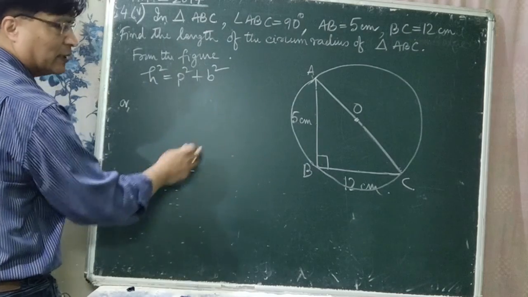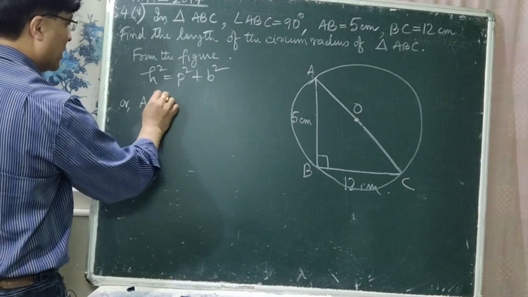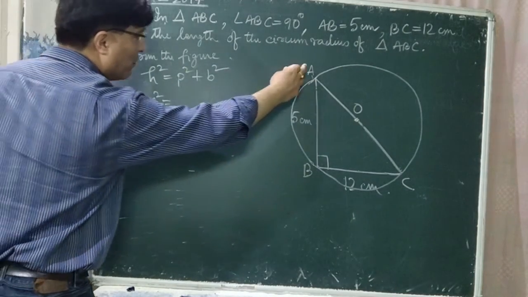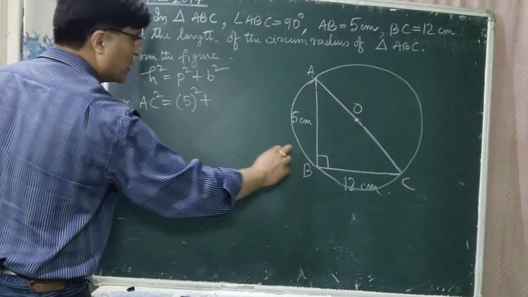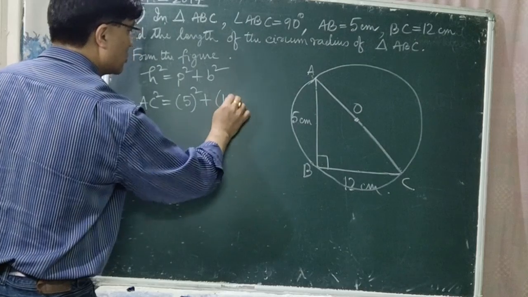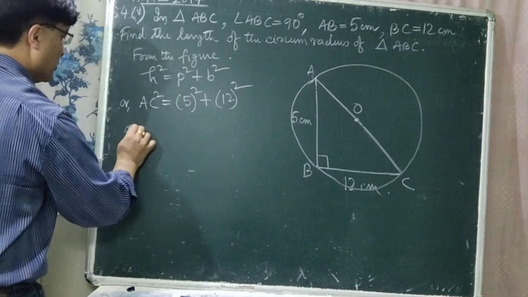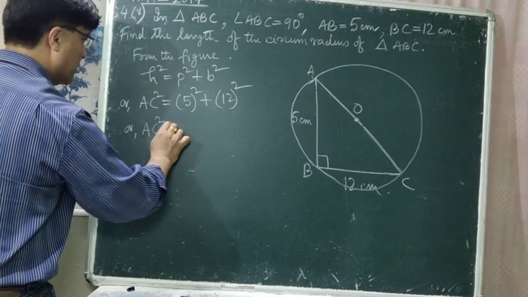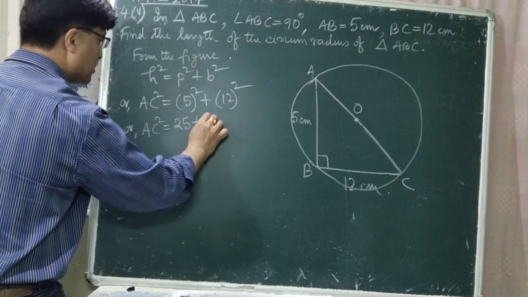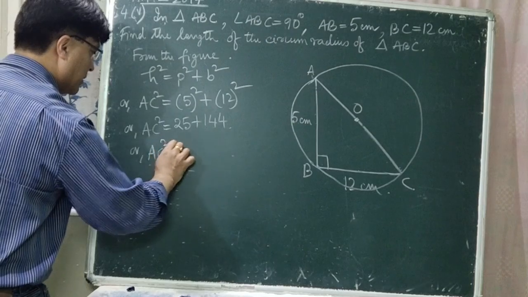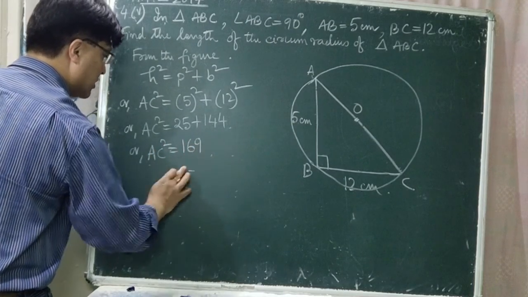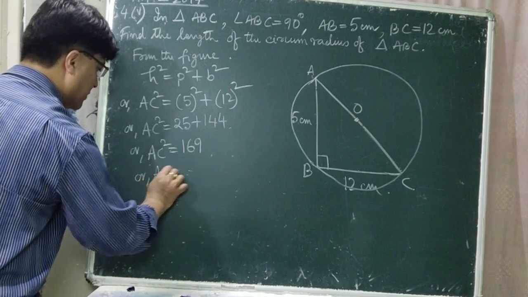What is h whole square here? This is your AC square. What is p whole square? Perpendicular whole square. That is 5 whole square. This is your 5 whole square plus what is base whole square? 12 whole square, right? So AC square is equal to 25 plus 144, or AC square is equal to 169, or what is the length of AC now?